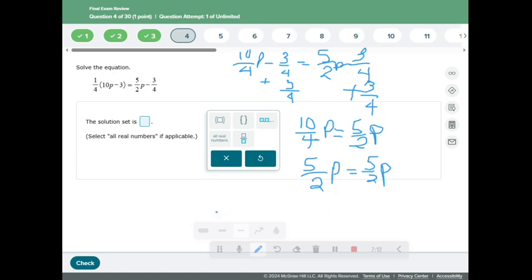So what this means in this particular case, our solution set is all real numbers. This is what would be considered an identity. Whatever number we use will work for both sides of the equation.